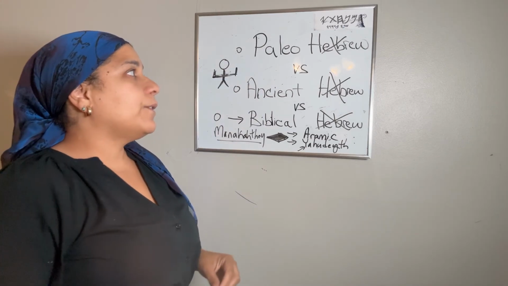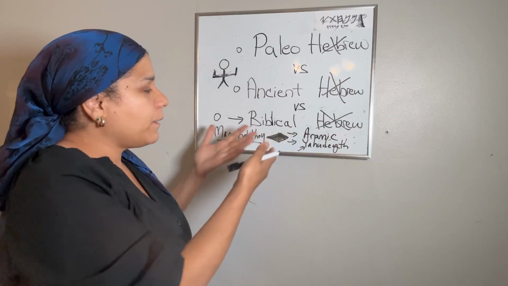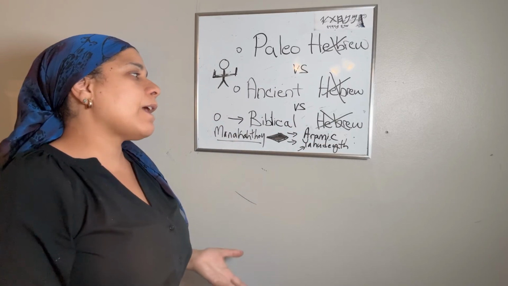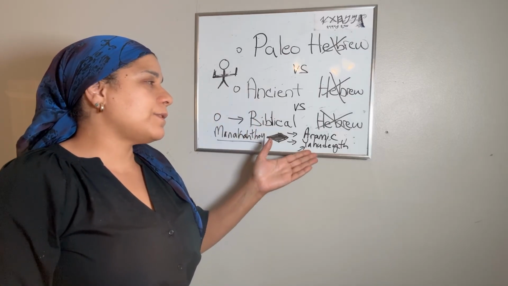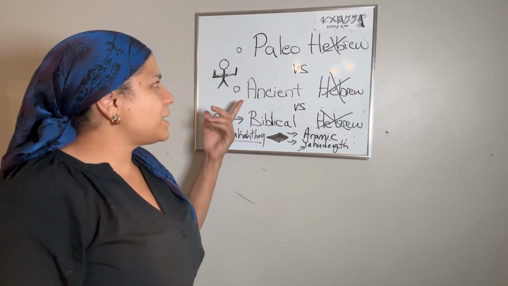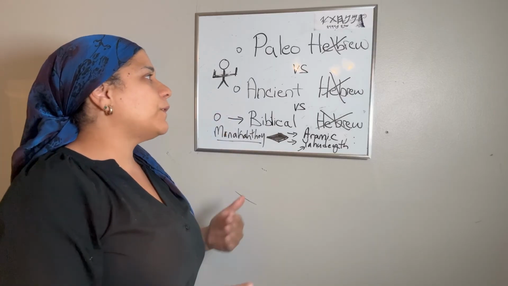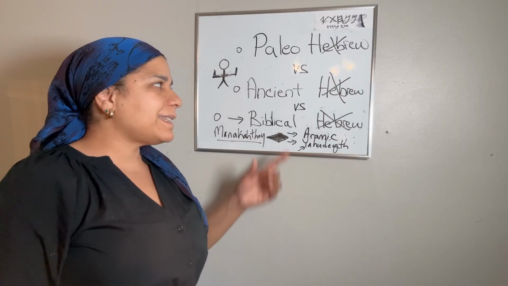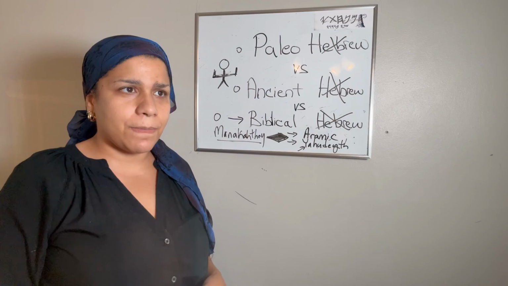So you know what Paleo Hebrew is? It's the oldest. The Paleo Yahudit is the oldest writing of the Israelites, and that would be Yahudit. Ancient Yahudit is the same thing. I guess people who say ancient Hebrew might be talking about Manakati, the language before the Israelites spoke. But to me, it makes me feel like when people say ancient Hebrew, the language wasn't sophisticated or something.